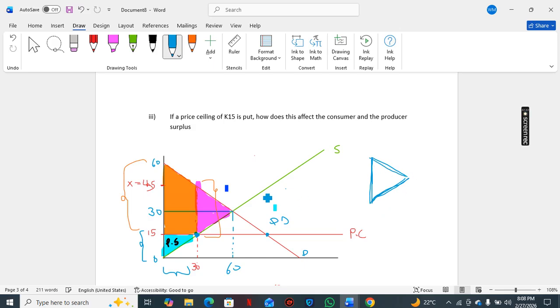So for this triangle, this we call the base. It's from 45 to 15 here, as you can see. 45 minus 15, that is 30. That is the base.